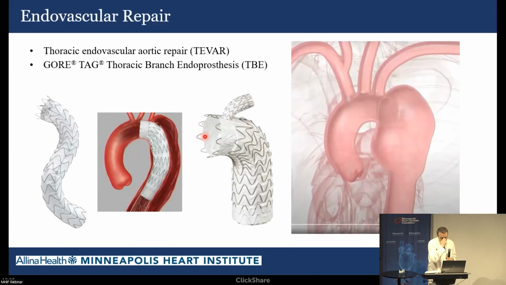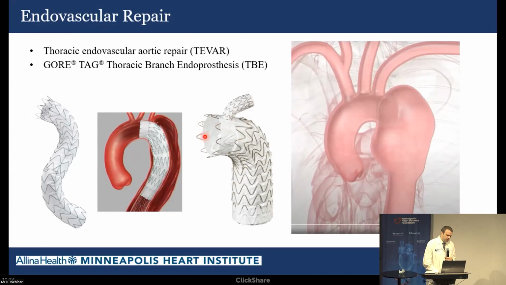So as I mentioned, endovascular repair is the way this is moving when it's possible. TEVAR is the main device that we use in any kind of descending aortic pathology. For these devices, you need a certain landing zone of healthy aorta to get a good seal, and that's about 2 centimeters.